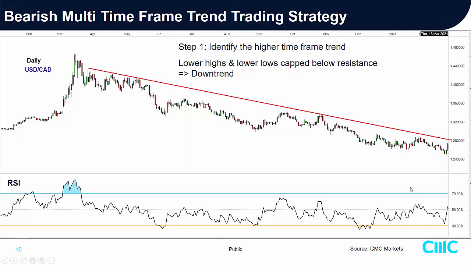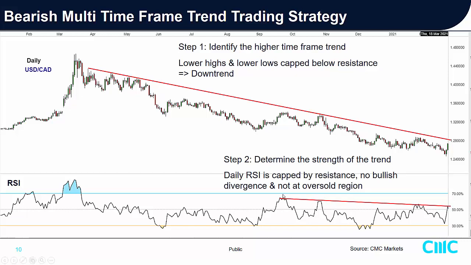The next thing is I will look out for the strength of this downtrend, because recently the price action in the last 2 days has started to bounce up and is now trading very close to the resistance. So I want to determine this ongoing downtrend despite this bounce up. What we could see now is that the daily RSI is also capped by a corresponding resistance, not at the oversold region, and also there's no bullish divergence.